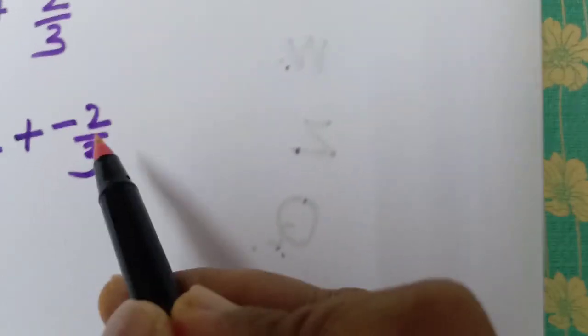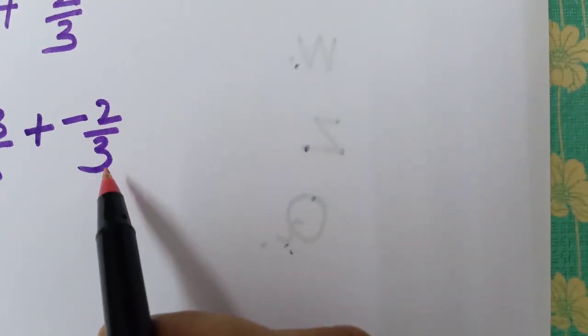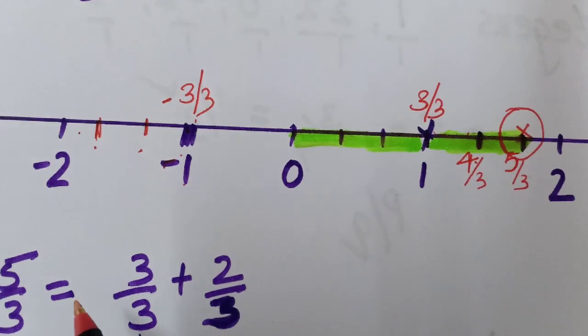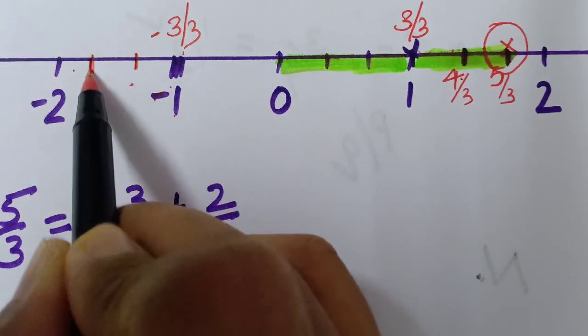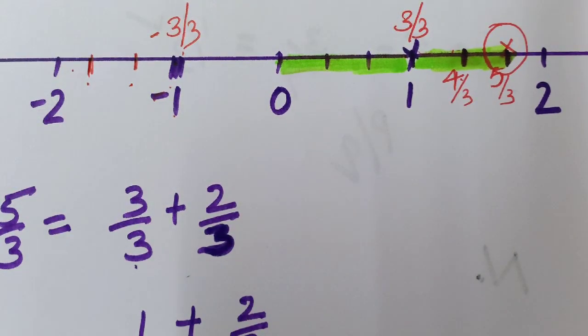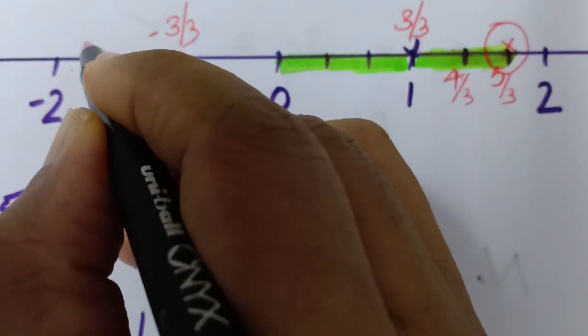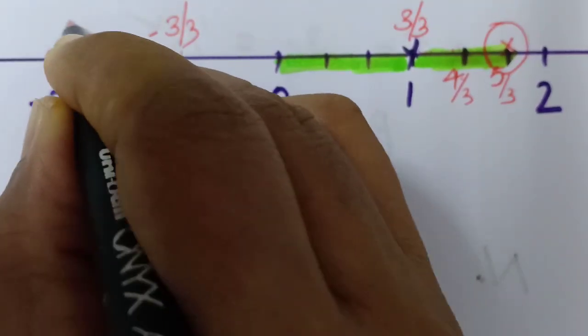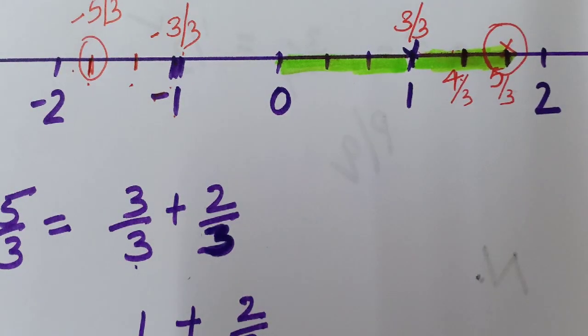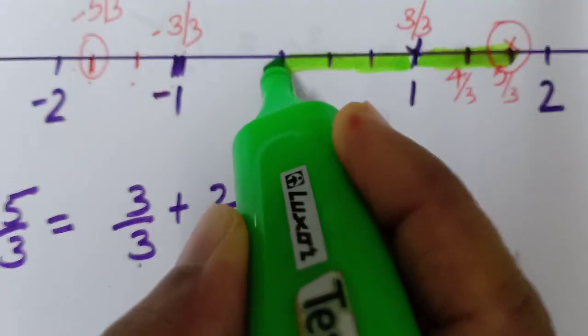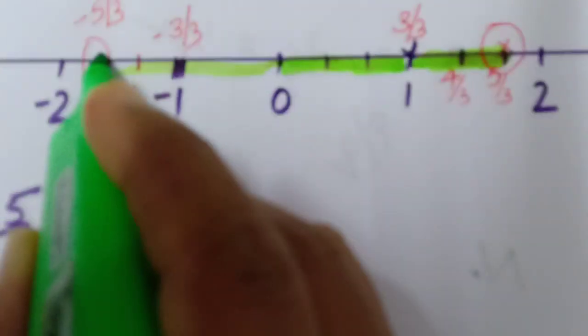Because we want minus 2 by 3 again, meaning 2 out of 3 parts. Understand? 1 part, 2 parts, 3 parts. So what is minus 5 by 3? This is minus 5 by 3. Minus 5 by 3 means this much length.